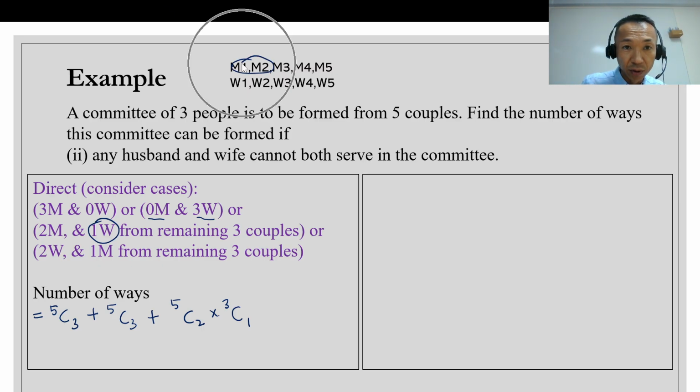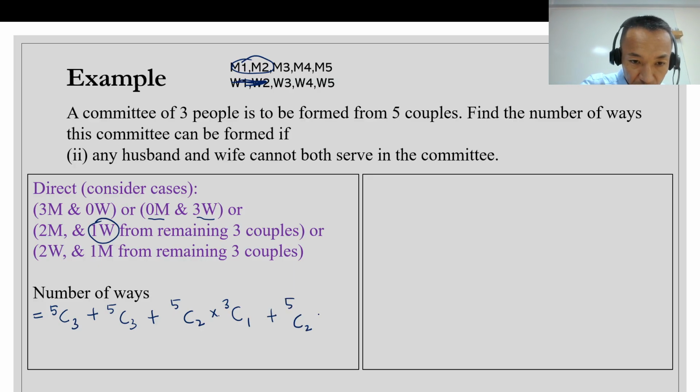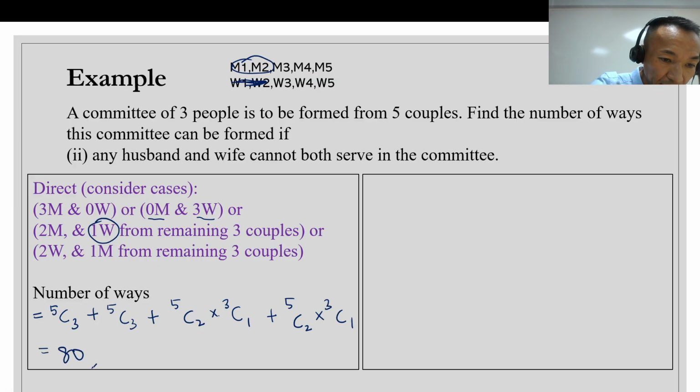Look at the top, you choose these 2. I have to strike off these 2. And we get 3 choose 1. And the last case is, what if I want 2 women? Again, 5 choose 2 times 3 choose 1. Same principle. I don't think it's difficult. You press the calculator, you get 80.